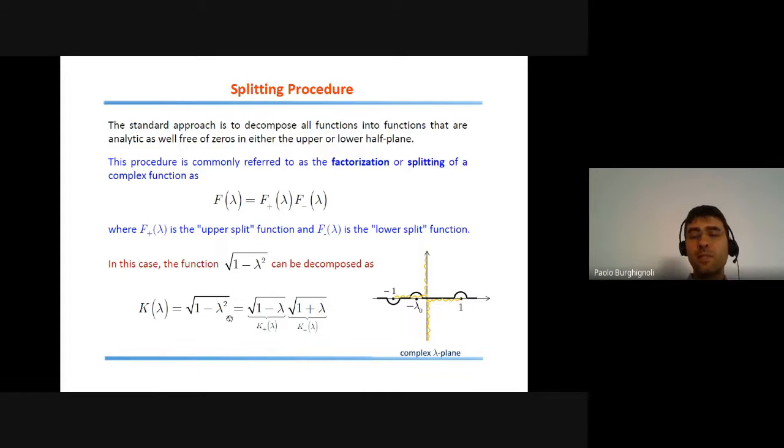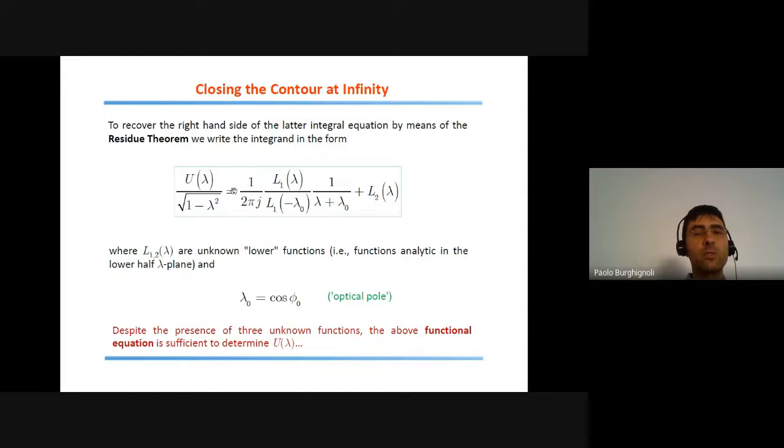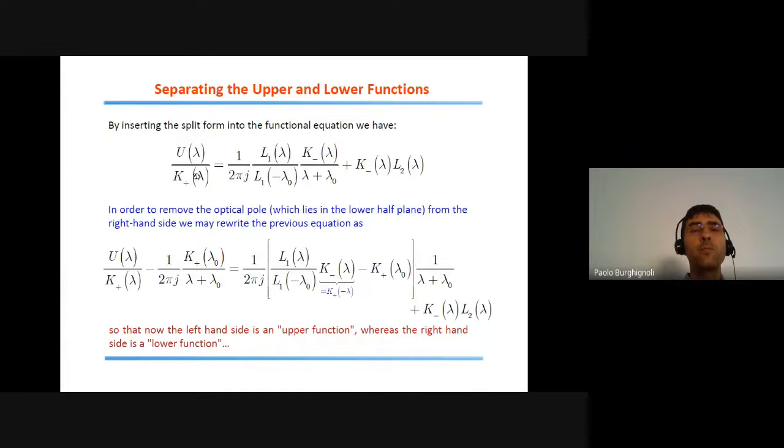So if you insert this splitting of the function k inside this functional equation here, and you leave all the upper functions on the left-hand side, and you bring the lower functions on the right-hand side, what you get is this, in which you have on the left-hand side u divided by k plus, and those are upper functions. And on the right-hand side, you have only lower functions, that is L1, L2.